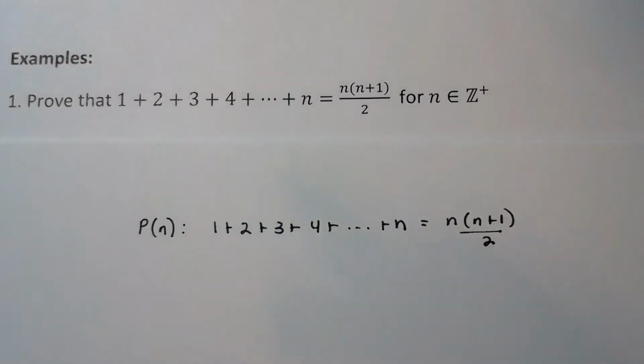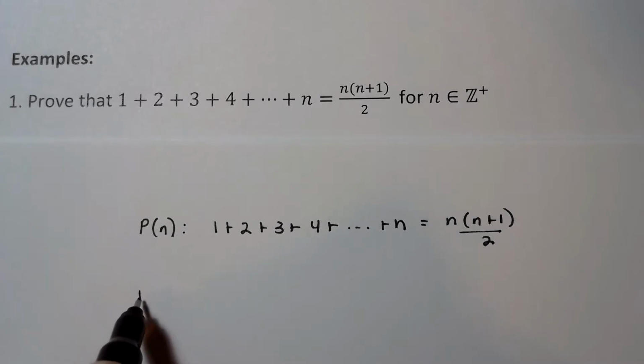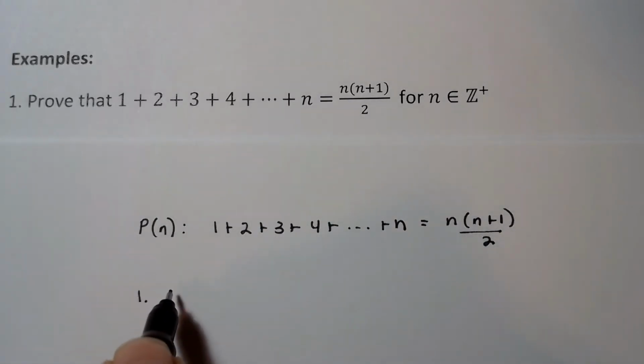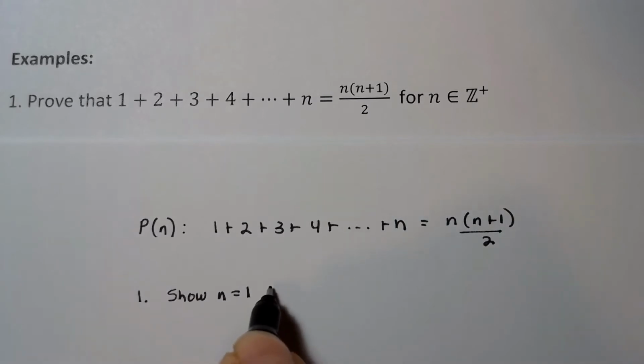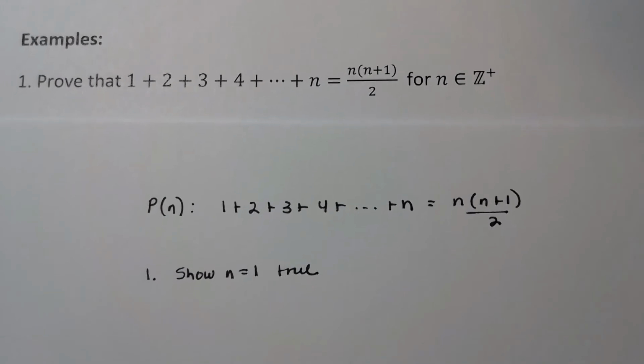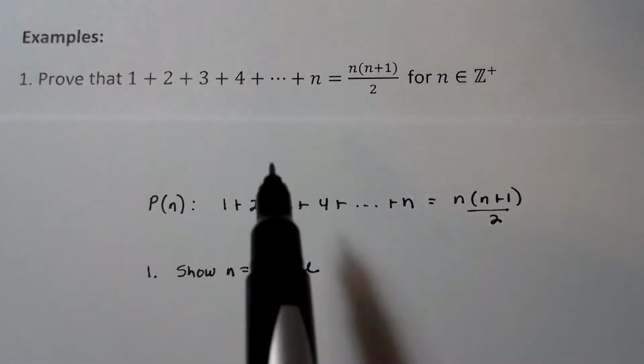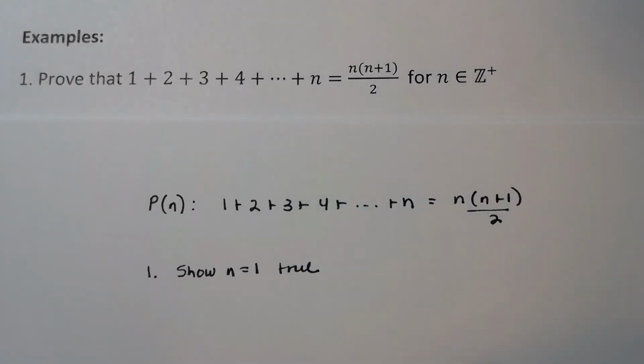The actual first step that I want to show is the basis statement. I need to show that this is true for n equals 1. So I write to the grader, show n equals 1 is true. Essentially I'm going to show that the left side equals the right side when n is equal to 1.